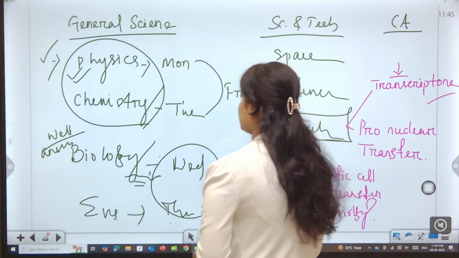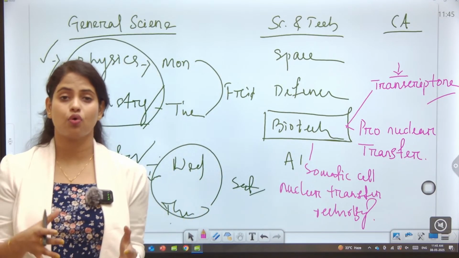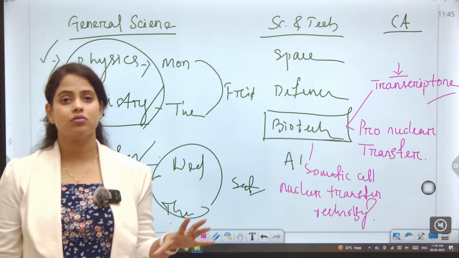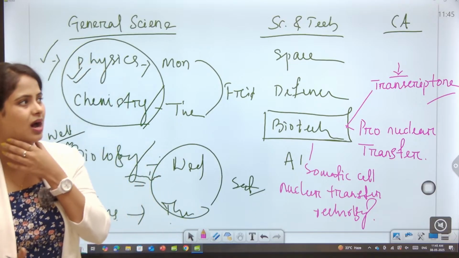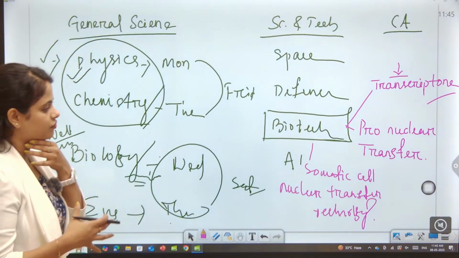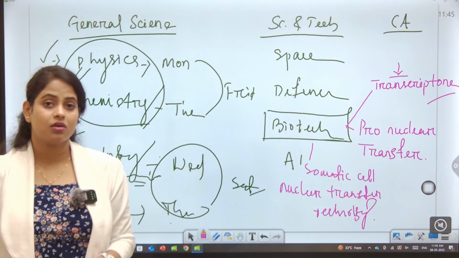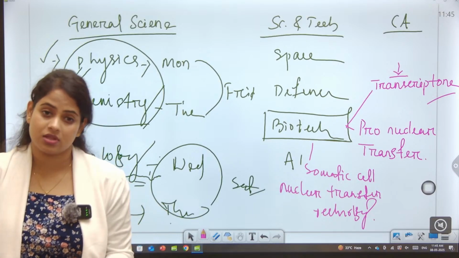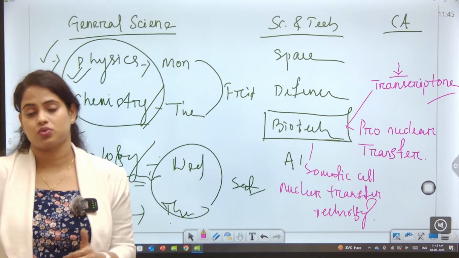So guys, science and tech will be very easy for you if you know the real meaning of the words. You have to add knowledge and catch the important meanings of the words. If you are clear about the meanings, then I can assure you that you can achieve a good score.